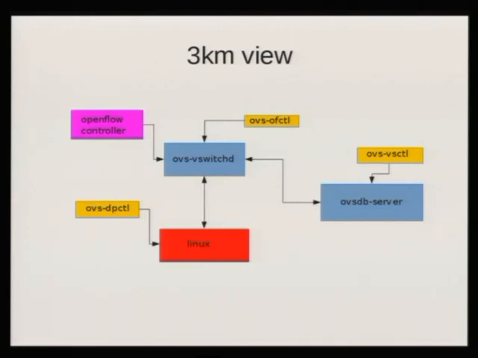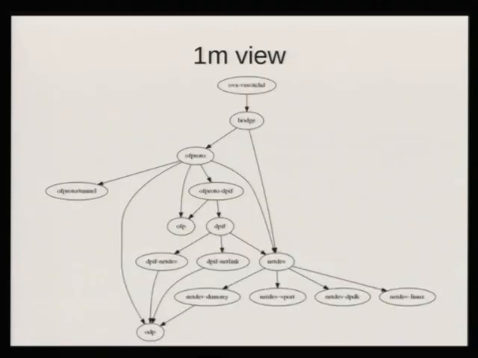And ovs-dpctl allows you to query or change the state of the data path acceleration in the kernel itself. So here's your 3 kilometers view. And I forgot to mention OpenFlow controllers. That's how you're supposed to program vswitchd.